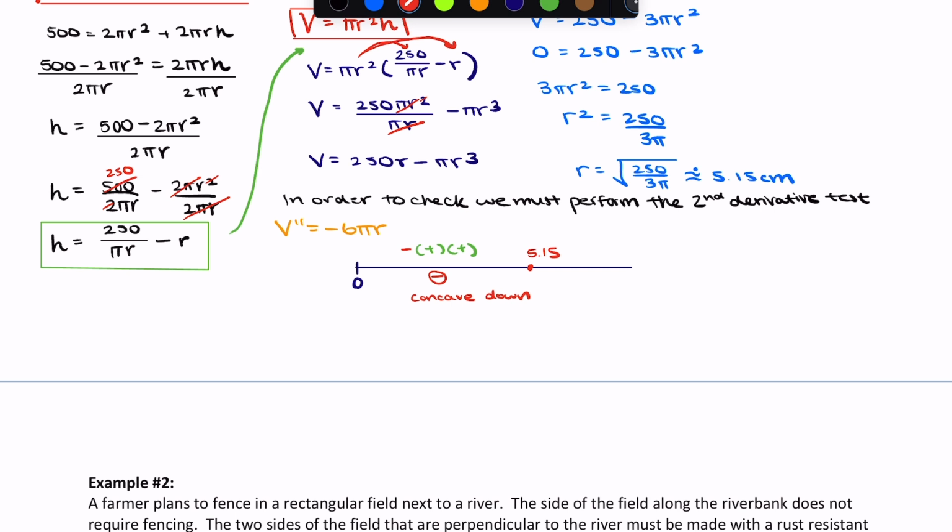And so that confirms to us that the maximum occurs at 5.15 centimeters, so that's when r is equal to 5.15 centimeters. This would be the max, where the maximum volume is.